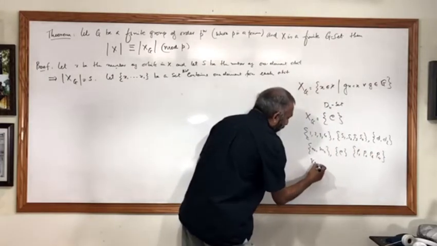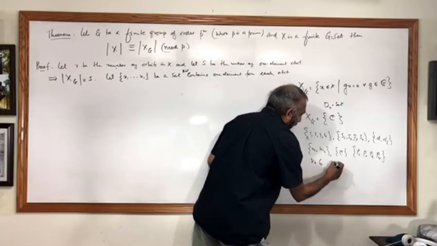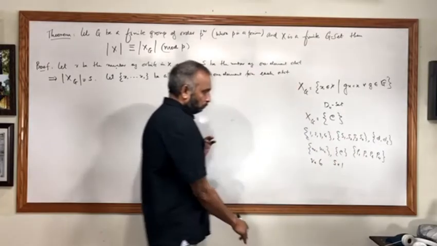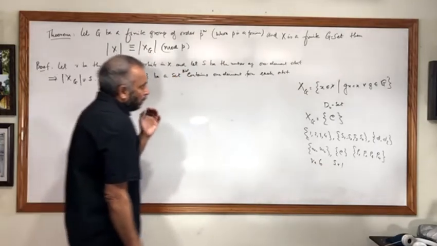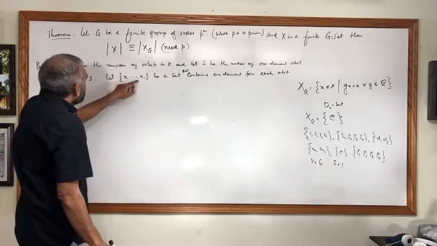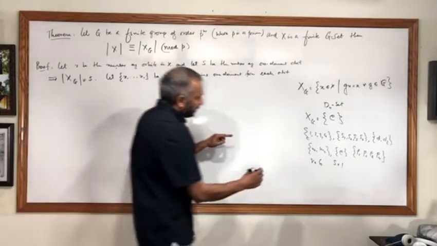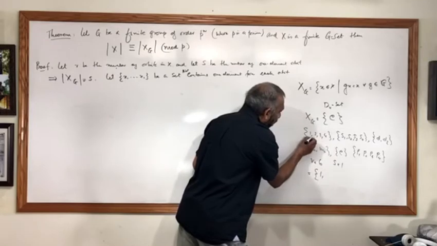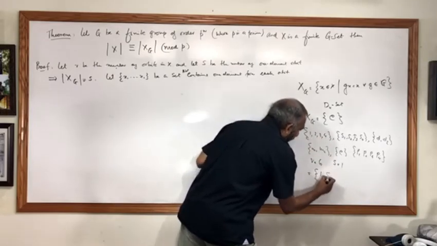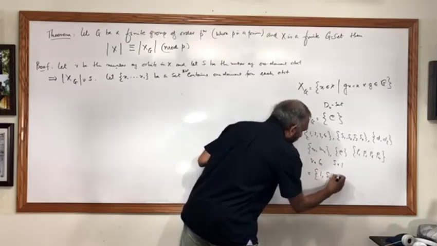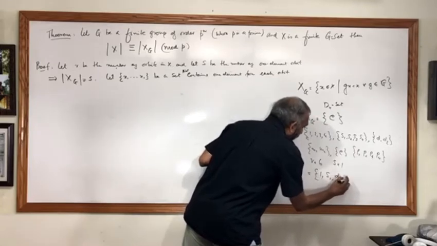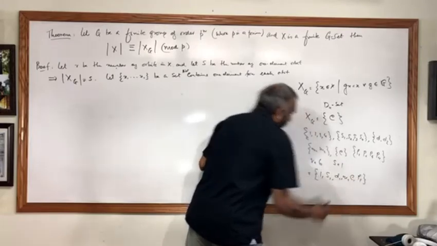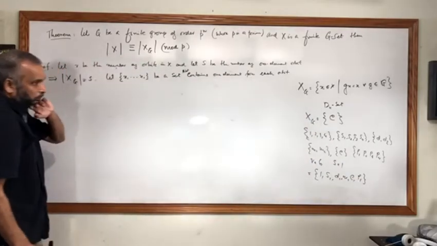Here R is equal to 6 and S is equal to 1. This x1, x2, x3, ..., xr is something like this. Pick one element from each orbit: S1, D1, M1, C and P1. This is what I am talking about here.